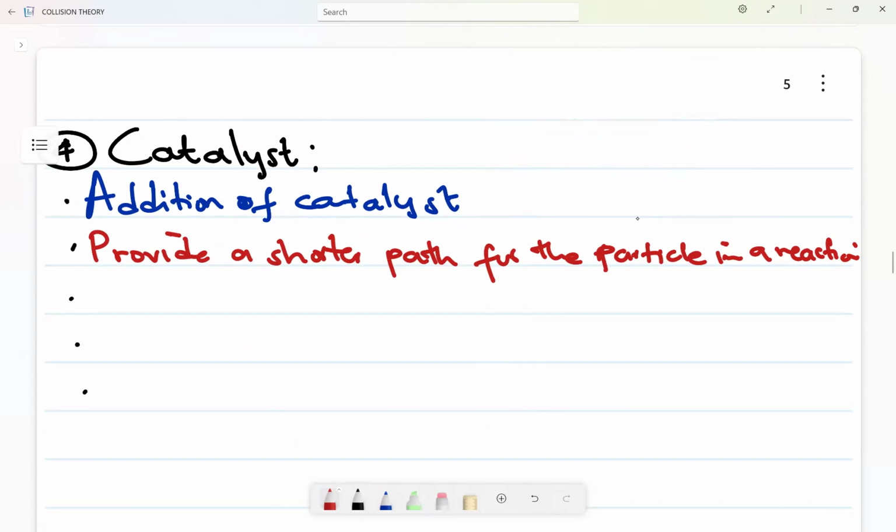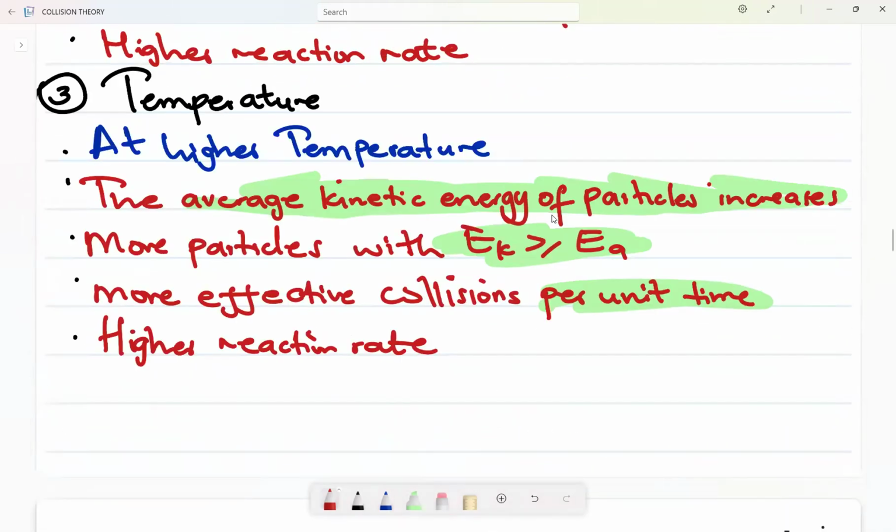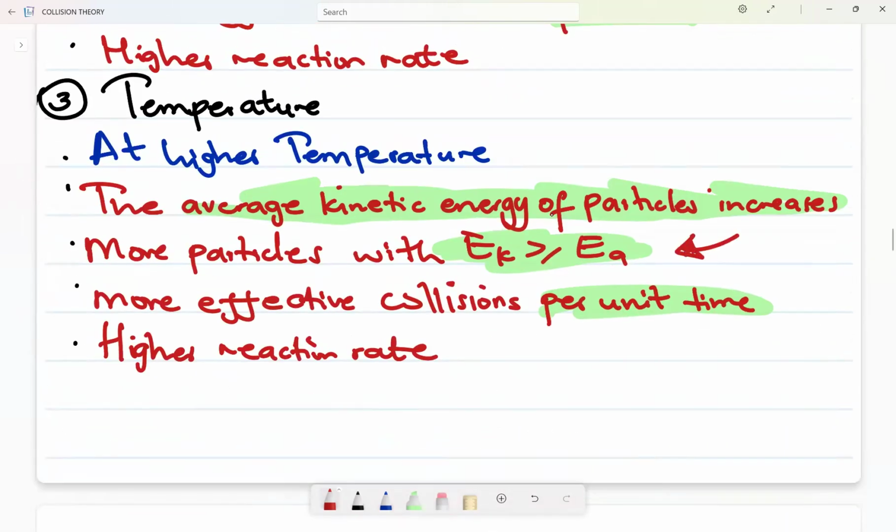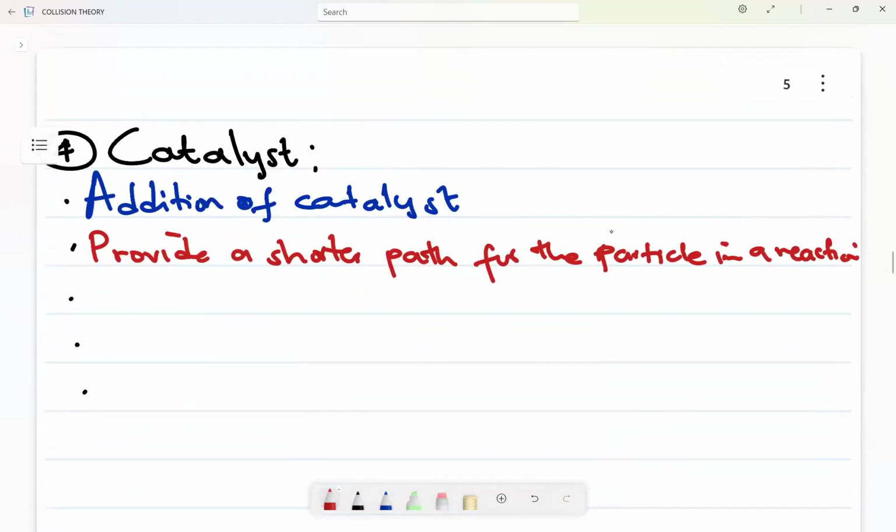So here you can say, but more particles will have sufficient kinetic energy. You have to say sufficient or enough kinetic energy that is greater or equal to the activation energy. Okay, here you'll have what?